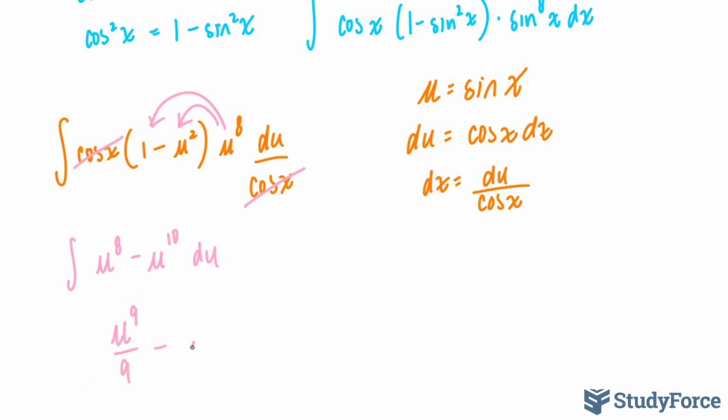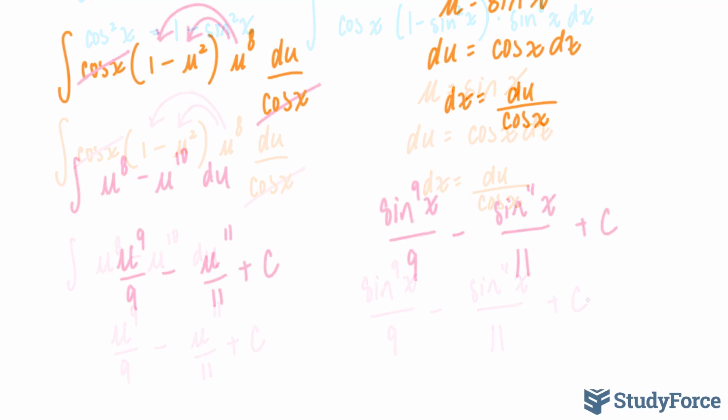This becomes u to the power of 11 over 11 plus c. Replacing u with sine x, I get the final answer of sine to the power of 9x over 9 minus sine to the power of 11x over 11 plus c. And there you have it.